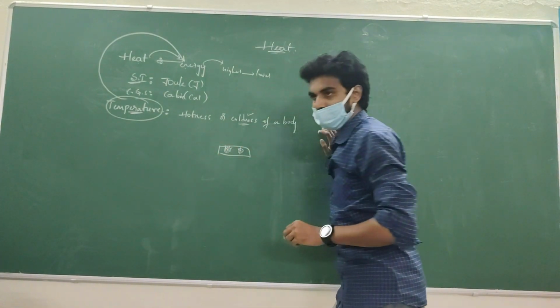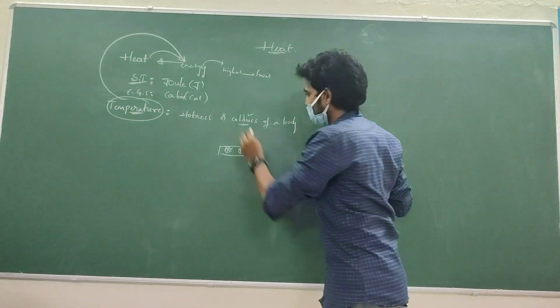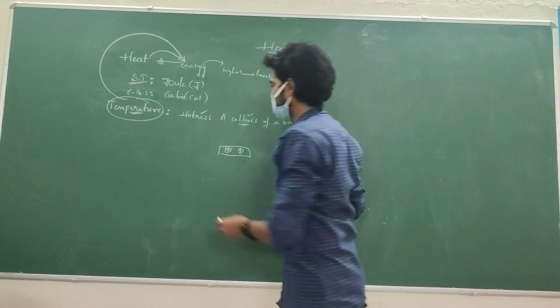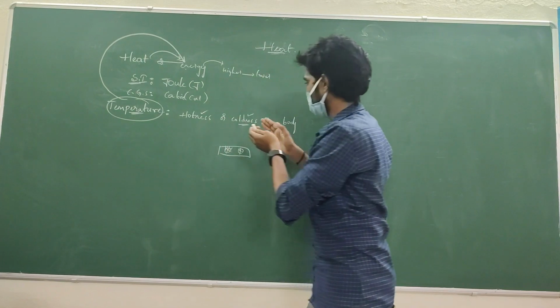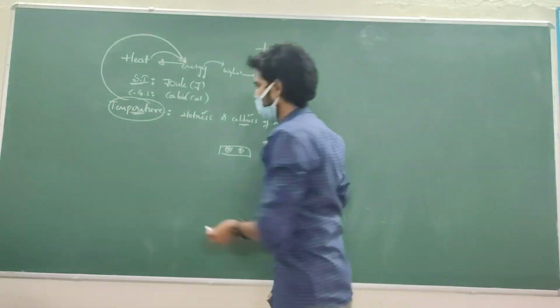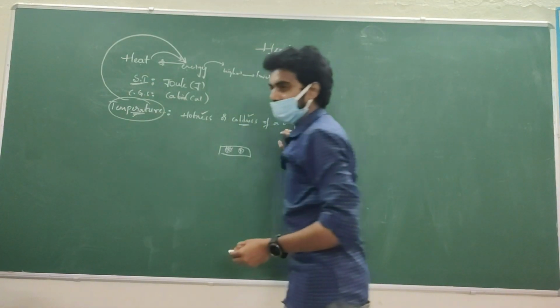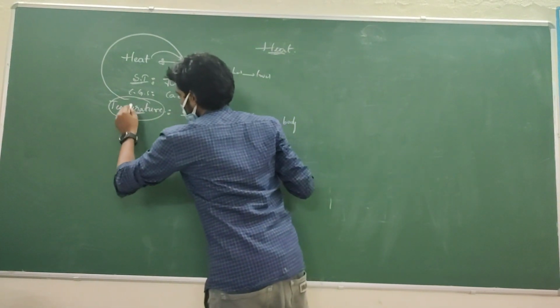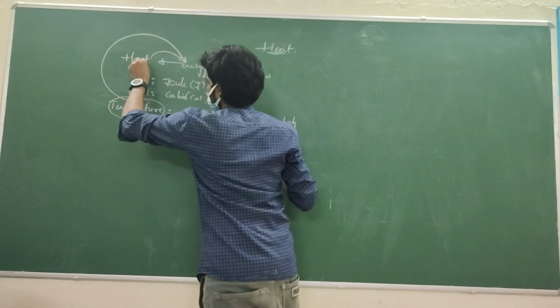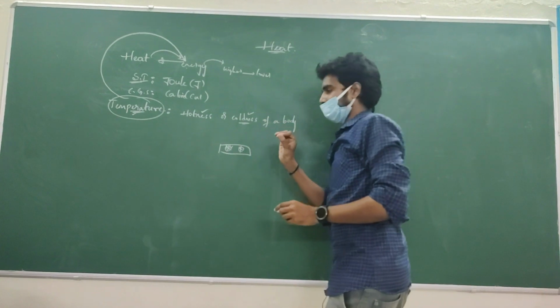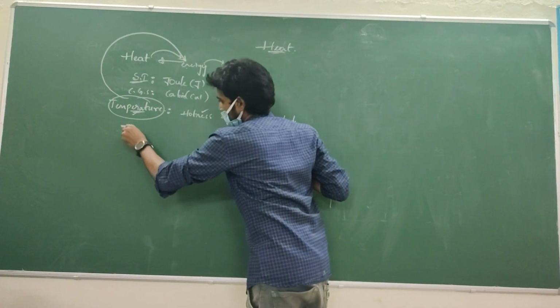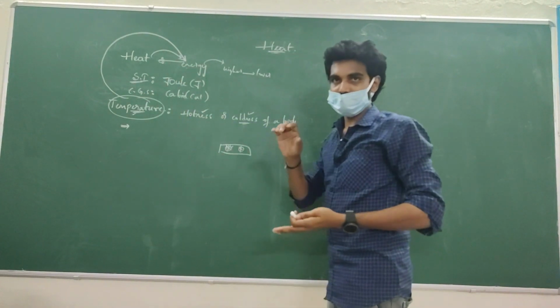Now what happens? I tend to feel hotter, right? So I simply measured whether it is colder or hotter. That's because I simply measured temperature. So it tells whether the object is hotter or colder, right? That is the reason we say temperature is nothing but the measure of heat energy.